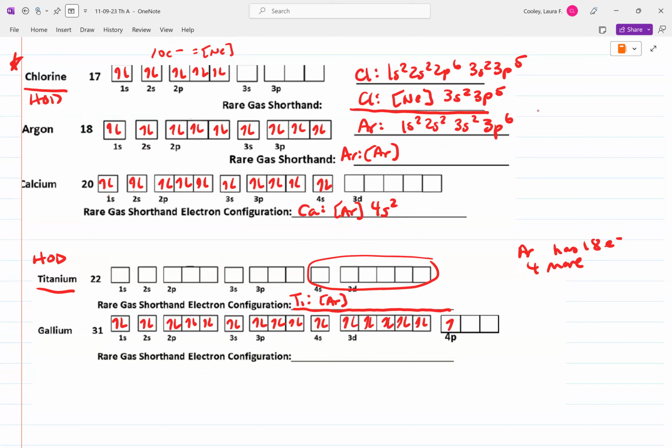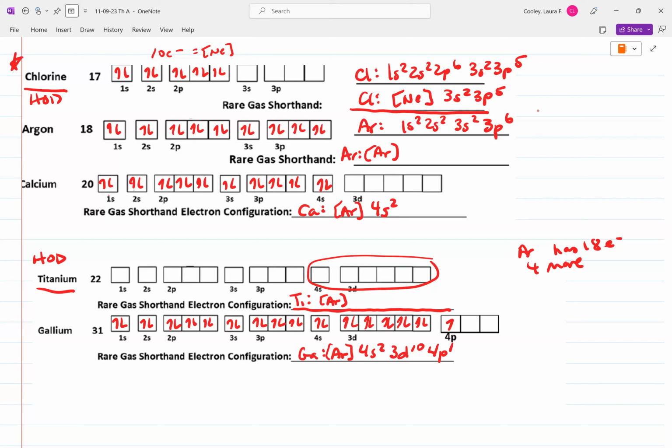Now, the closest rare gas is not that close, right? Krypton is 36. That's too much. So you use argon. But then after argon, you have 4s2, 3d10, 4p1.